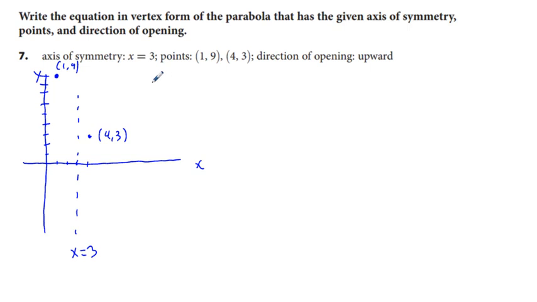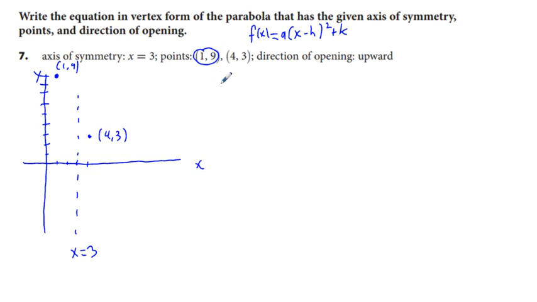So I'm going to start writing the equations we need to make this happen. We have our points here, 1, 9. We don't know. We have f of x equals a times x minus h squared plus k. And in this instance, we're going to have two equations.